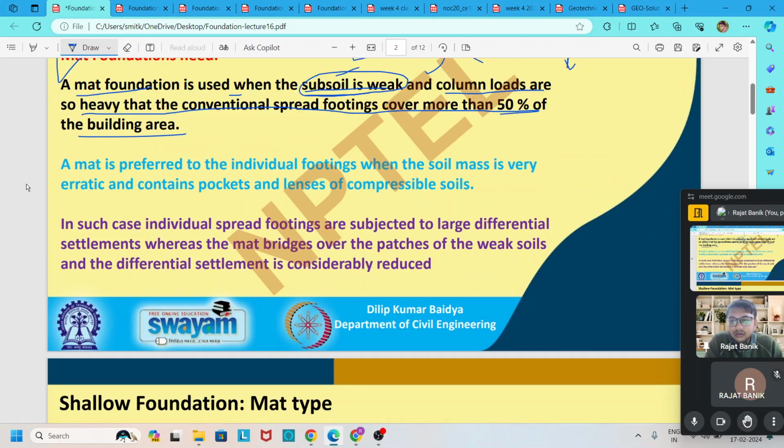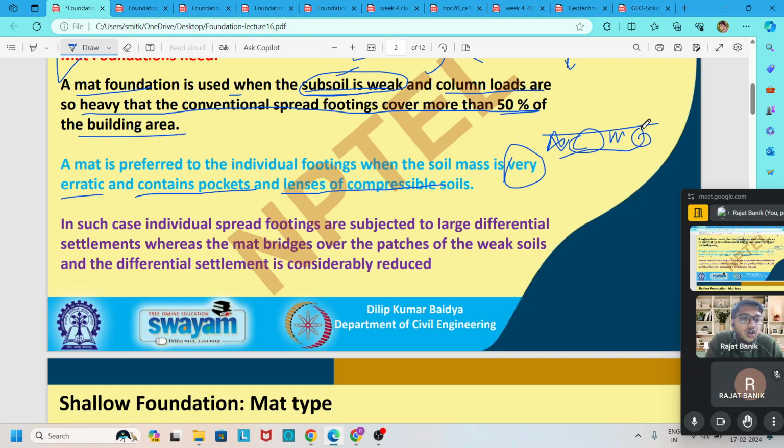A mat is preferred to individual footings when the soil mass is very erratic and contains pockets and lenses of compressible soil. That means there is some good soil, then some weak soil, again some good soil, then some weak.